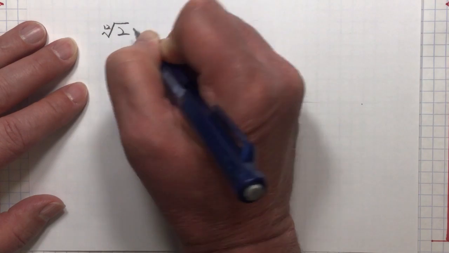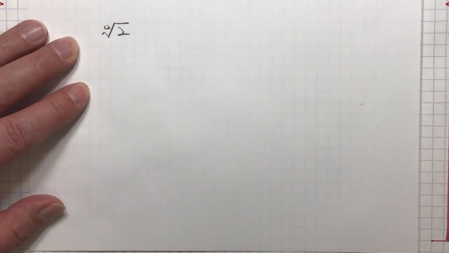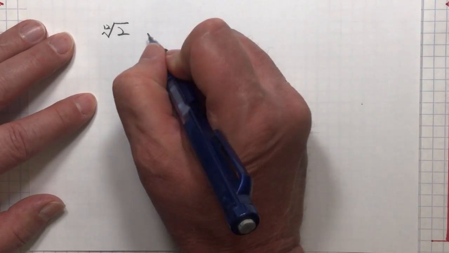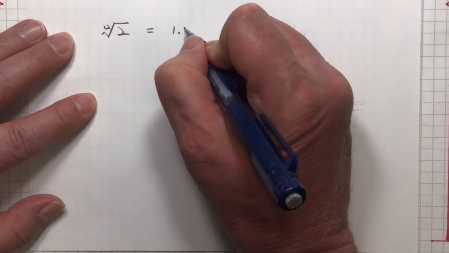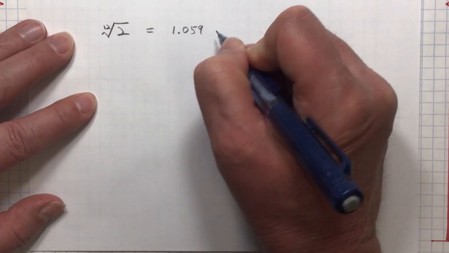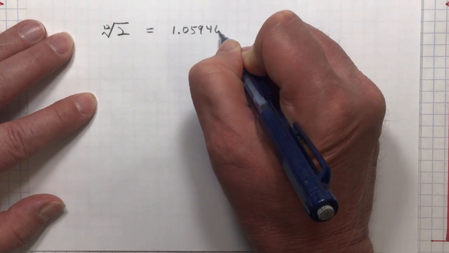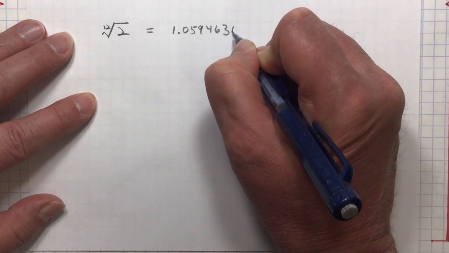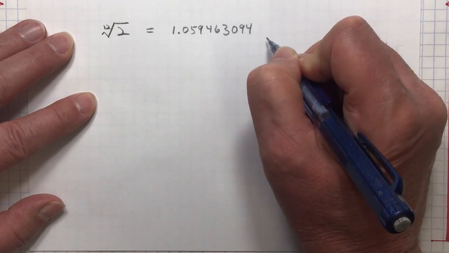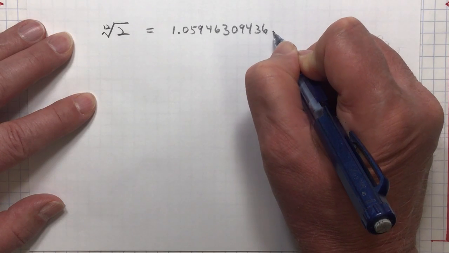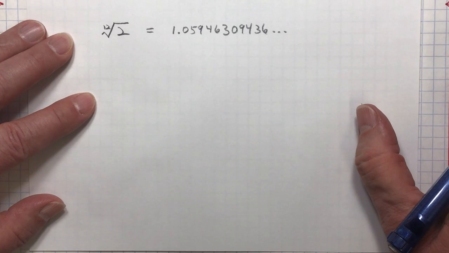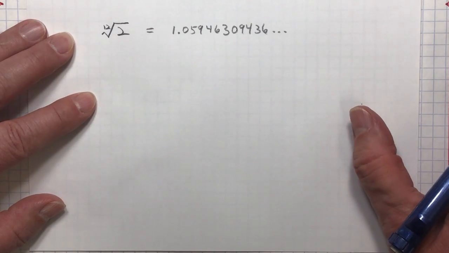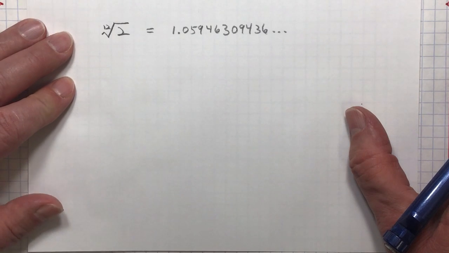The 12th root of 2 is an irrational number. 1.05946309436, etc., etc. It continues with no repeating decimal expansions and no known ending.